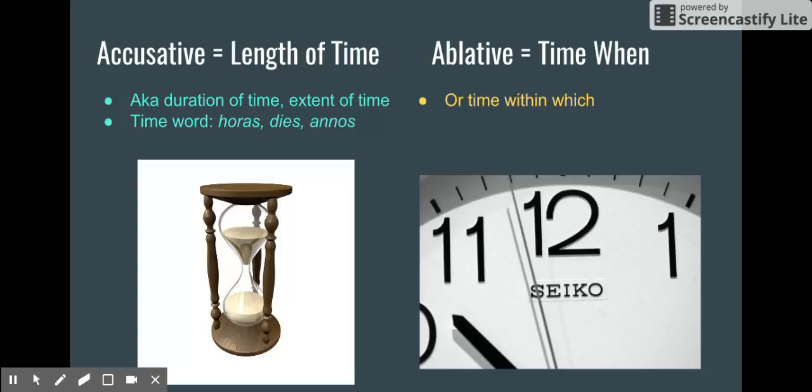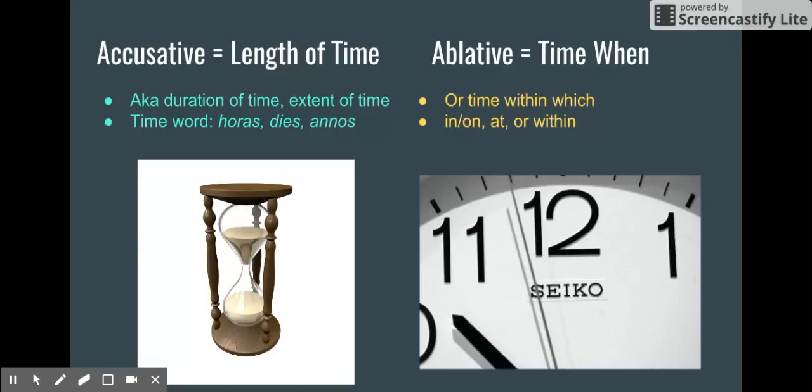When it comes to translating the ablative of time when, we do have a few more options. We can use in or on, we can use at, and we can use within. So something like on the third day, or at the fourth hour, or within 3 weeks are all examples of specific time.